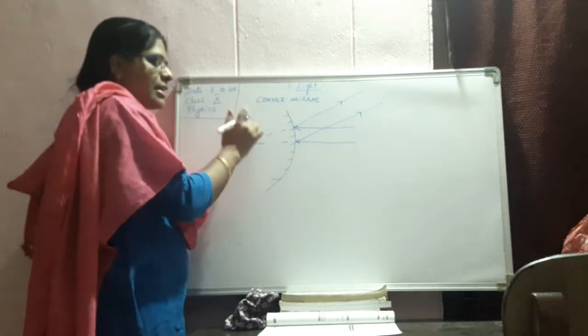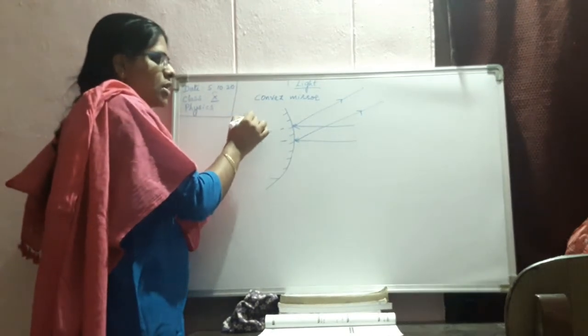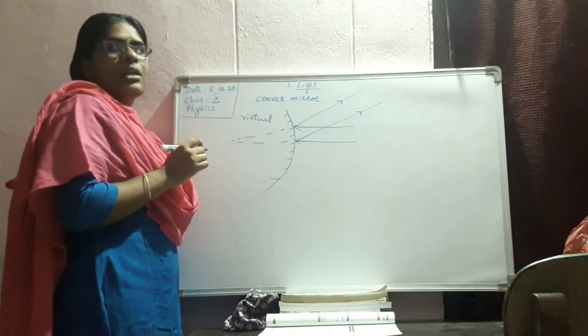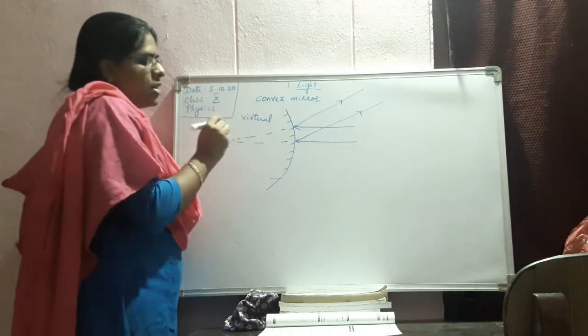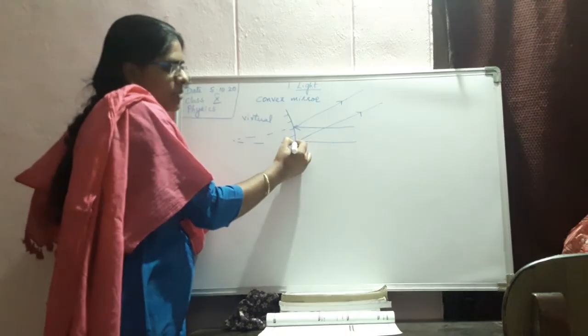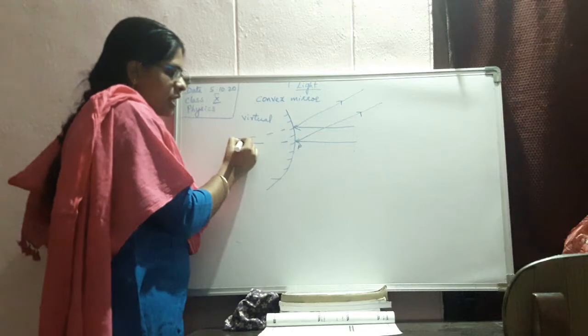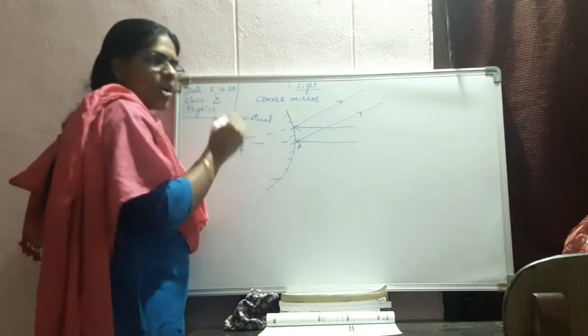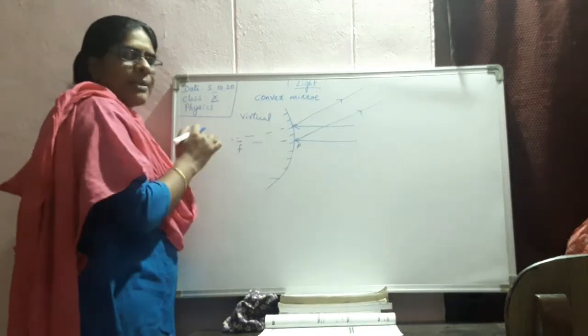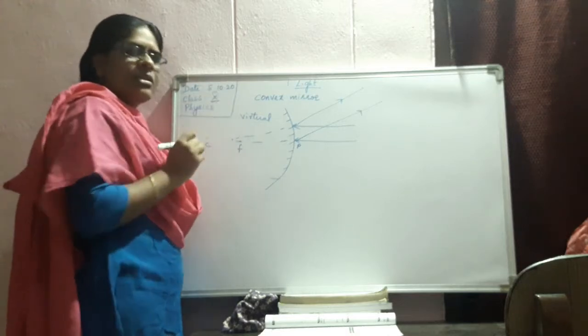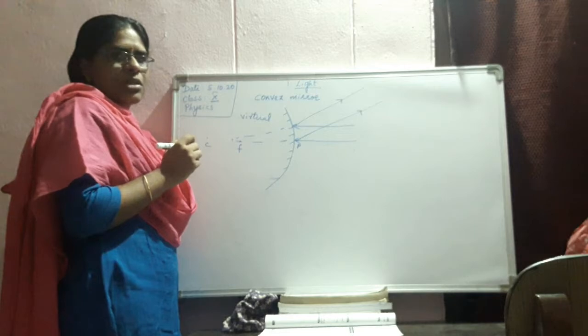Whenever the rays are extended backwards, we call such images virtual images. Now this is the midpoint of the mirror. The focus is formed in case of a convex mirror at the back of the mirror. After this, you will get the center of curvature.